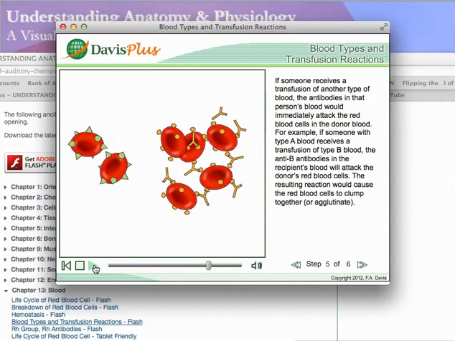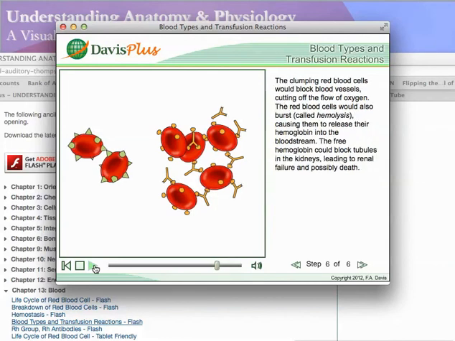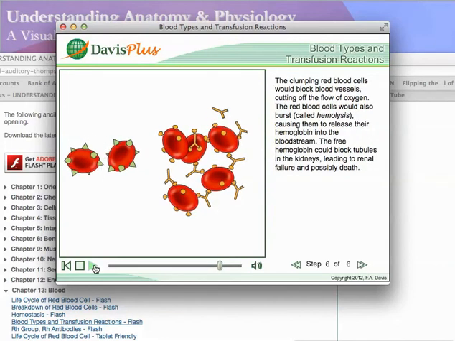The resulting reaction would cause the red blood cells to clump together, or agglutinate. The clumping red blood cells would block blood vessels, cutting off the flow of oxygen. The red blood cells would also burst, called hemolysis, causing them to release their hemoglobin into the bloodstream. The free hemoglobin could block tubules in the kidneys, leading to renal failure and possibly death.